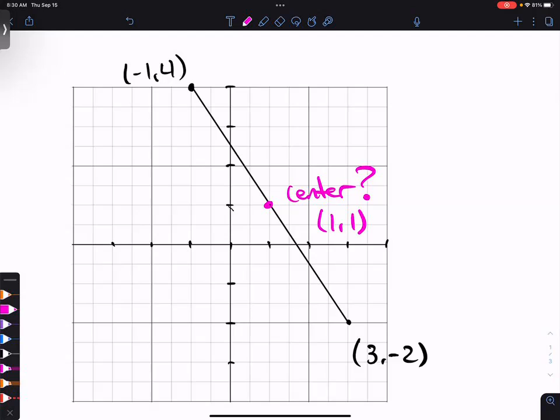Any ideas? Anything we can track? Add it up. Add what up? From one side to the, okay. So basically, if we squish everything down to the x-axis and look at how far that is. Okay, so -1 and 3 here.